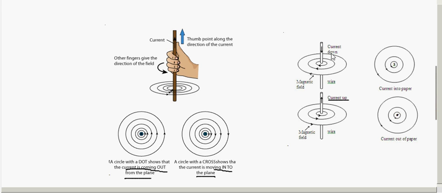We obtained this by the right hand grip rule. Remember, current going up, anti-clockwise direction of field. Current going down, clockwise direction of field. One is just opposite the other.